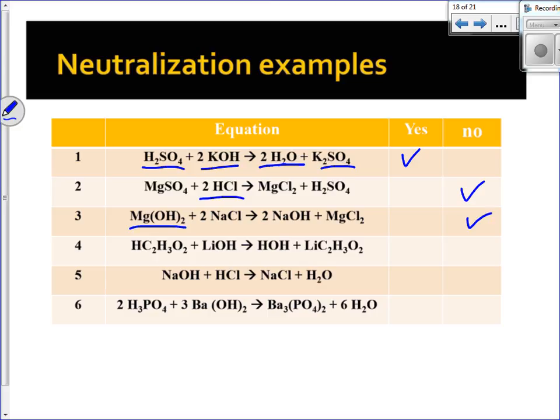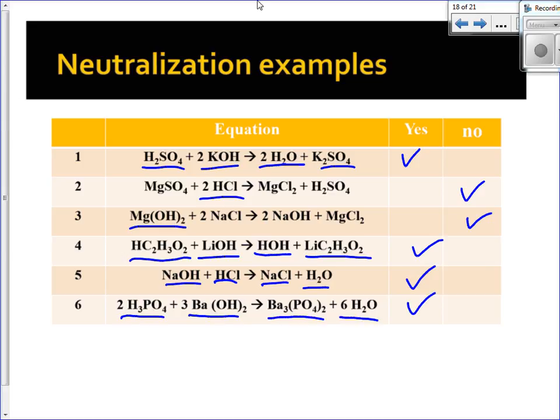Yes, this is acetic acid plus lithium hydroxide base, water, HOH is still water, and our salt is lithium acetate this time. What about 5? Base, acid, salt, water, yes, check, good. And the last one. Acid, base, salt, water. Good. Check. So we need to look for those components.